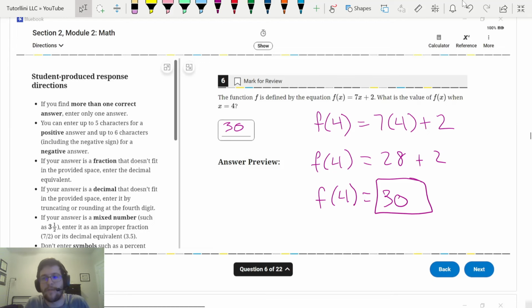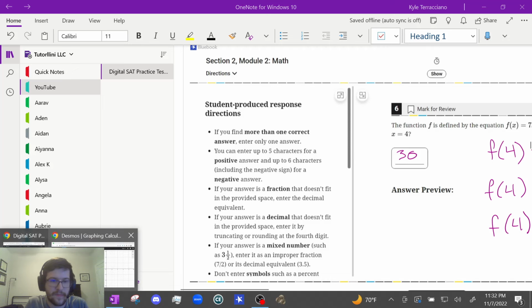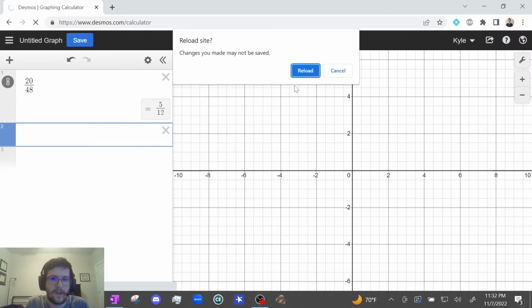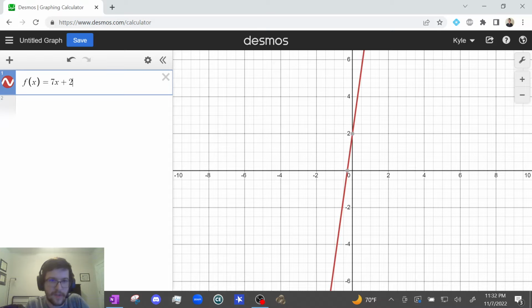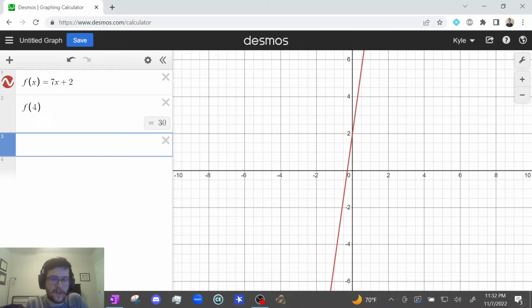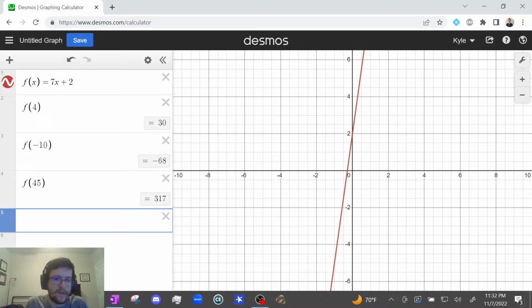And not very helpful for this question, but I just want to show you just in case it's helpful for another question, you can evaluate functions very quickly on Desmos. So let me type in f of x equals 7x plus 2. And now I could do f of 4, which is 30. And then I could do f of negative 10. And you see I could do this all day. So very helpful.